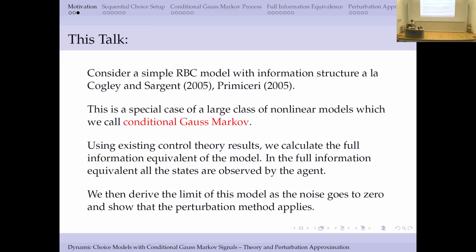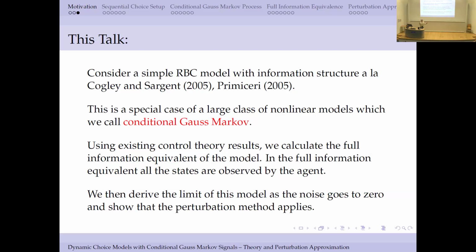What we're going to show is that in this class of signals, those infinite dimensional states actually are characterized by a finite number of sufficient statistics. And so we're going to achieve this dimension reduction by exploiting sufficiency. So there are two relatively standard ideas that we combine in this paper.